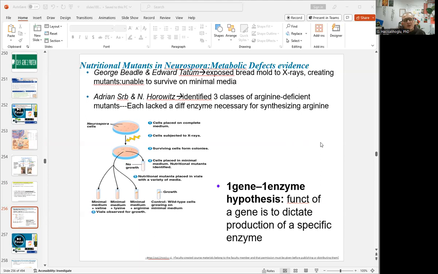You can see George Beadle and Edward Tatum first producing some bread mold mutants using X-rays, and then another Cornell scientist, Adrian Serp, together with Horowitz, classifying some arginine-deficient mutants, and then the one gene, one enzyme hypothesis by George Beadle, eventually winning the Nobel Prize. Today, this is actually the beginning of this whole gene to protein concept.